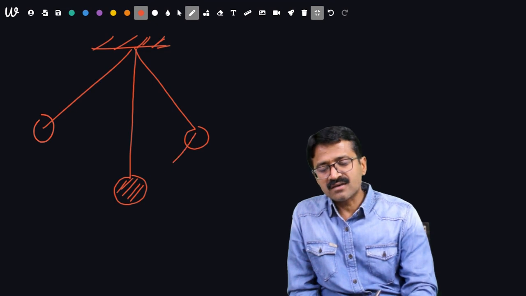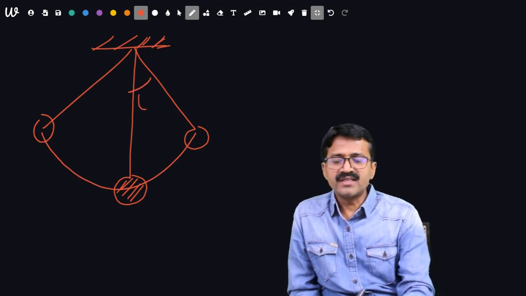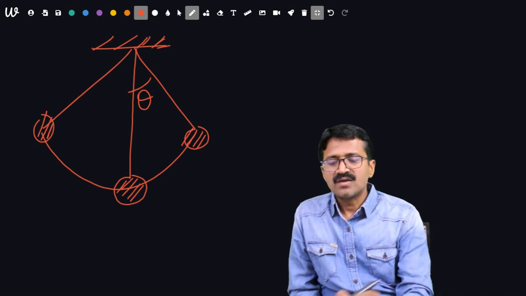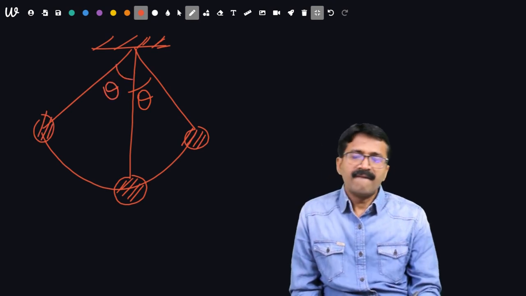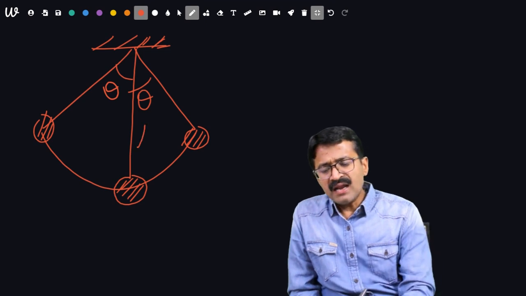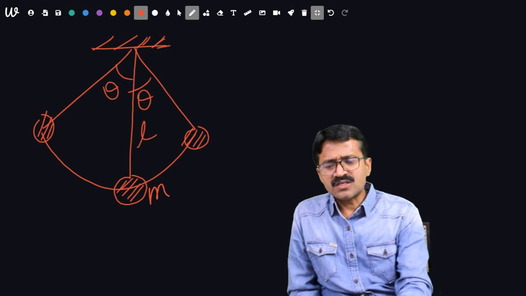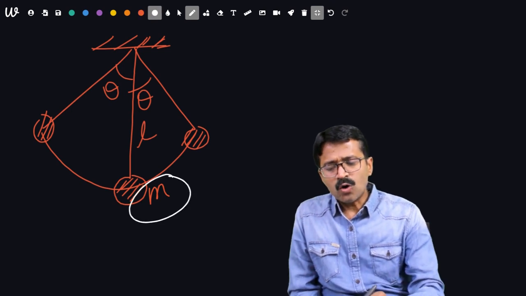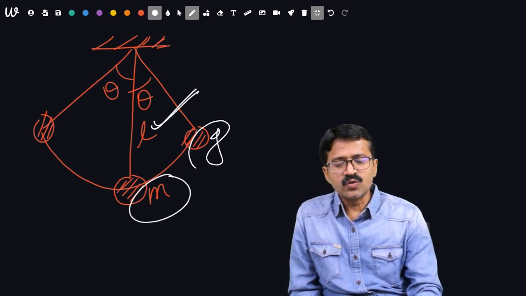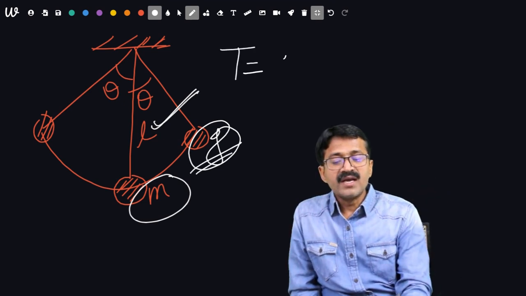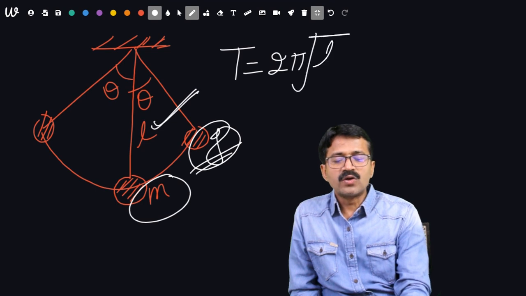It will move in this way, this will be theta, this will be the arc, this will be theta. Here the length of the pendulum is L, the mass of the bob is m. It is not taken into consideration. Only length and acceleration due to gravity will play a role. Then its time period will be T is equal to 2 pi under root L by g.